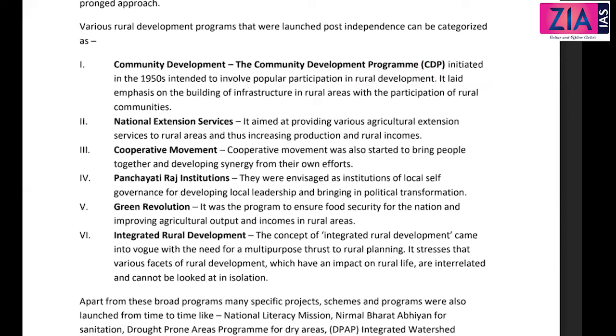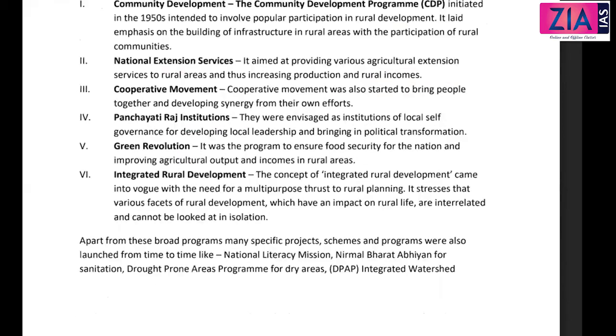Like village panchayat. So, this was the initial attempt towards that. National Extension Scheme. This is similar to the American Extension Scheme. It aimed at providing various agricultural extension services to rural areas and thus increasing production and rural incomes. Cooperative movement, like you can talk about Amul and various other cooperative movements.